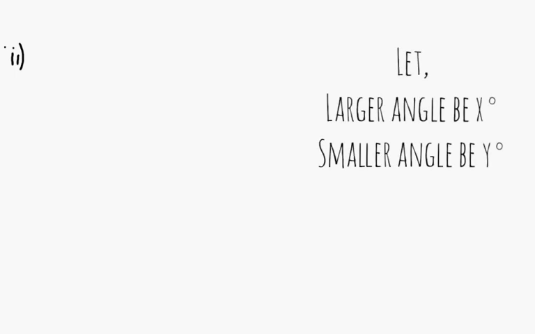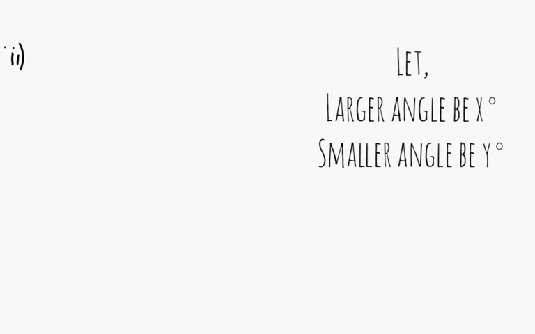That is simple. Now the second one: the larger of two supplementary angles exceeds the smaller by 18 degrees. Find them. Let us assume the larger angle is x degrees and the smaller angle is y degrees. You have to mention the units with the variables also, don't forget about it.